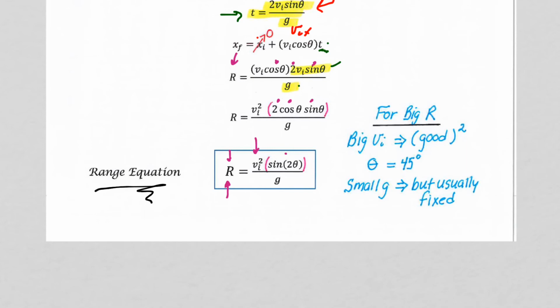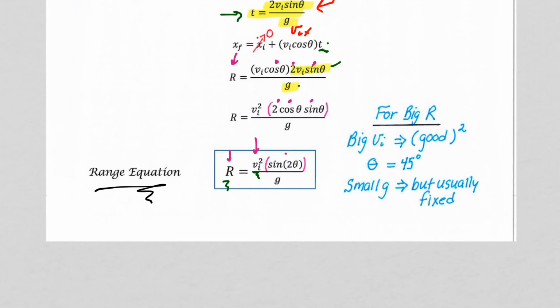You want the v initial to be big, and that's good. But it's not just good, it's good squared. It's the initial squared. So if I have a cannon that fires at speed v, and your cannon fires twice as fast, your cannonball is going to go 4 times as far as mine because it's v squared.